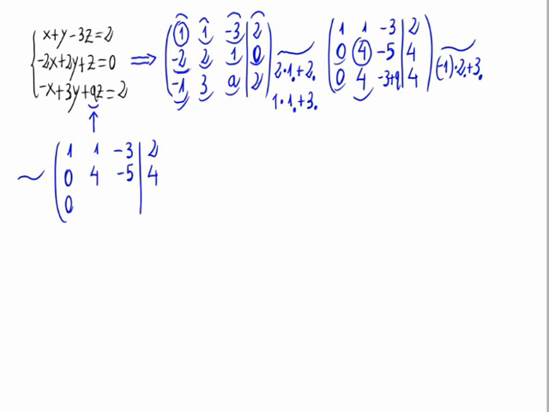Now let's go with the third row, that is 0 plus 0 times minus 1 is 0, 4 times minus 1 is minus 4, plus 4 is 0, minus 5 times minus 1 is 5, plus minus 3 plus a, it's equal to 2 plus a, and now 4 plus minus 4, 0. Now we're done with this.